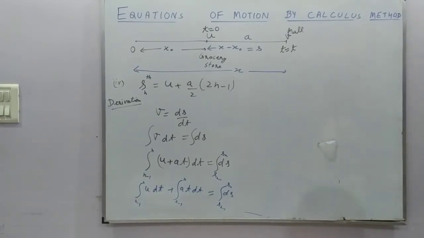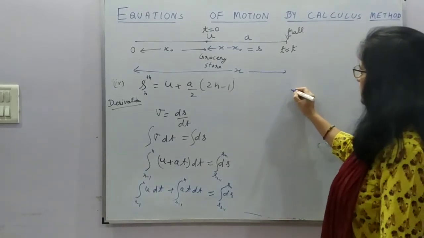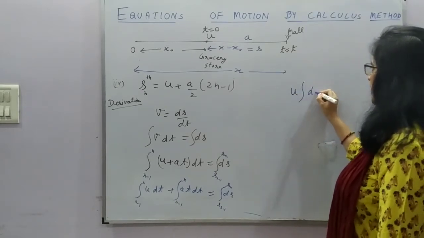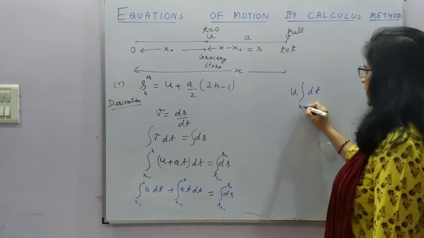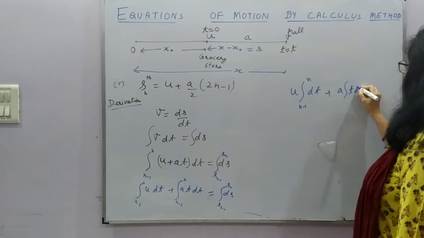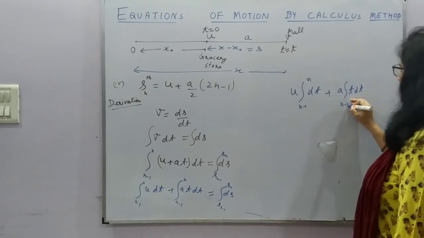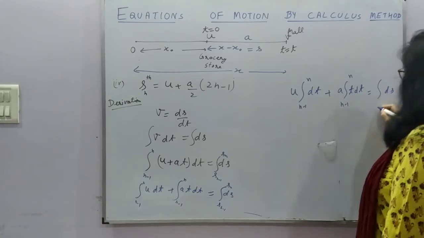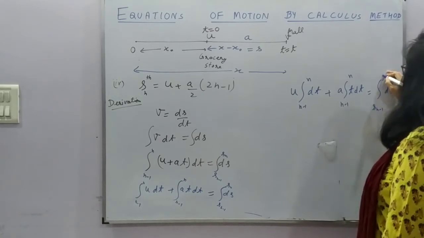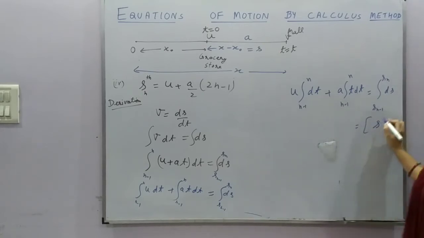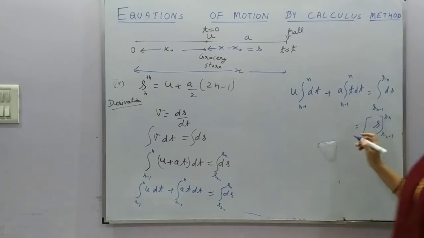After integrating, this u is taken outside the integral sign. Integration of dt we have to find, from n minus 1 to n, plus a outside the integral sign, t dt, from n minus 1 to n, and this is equal to integral of ds from S n minus 1 to S n. So the integration of ds is S, this is S n minus 1.